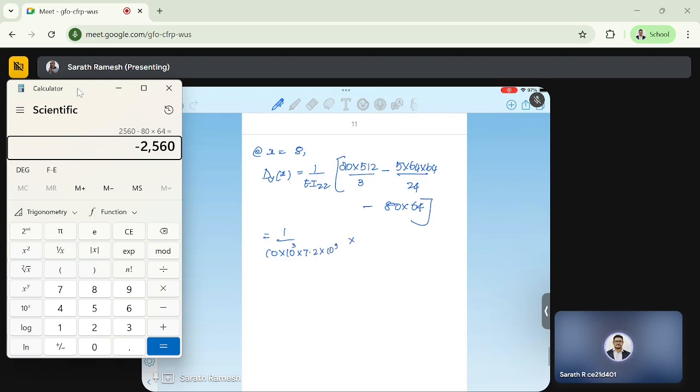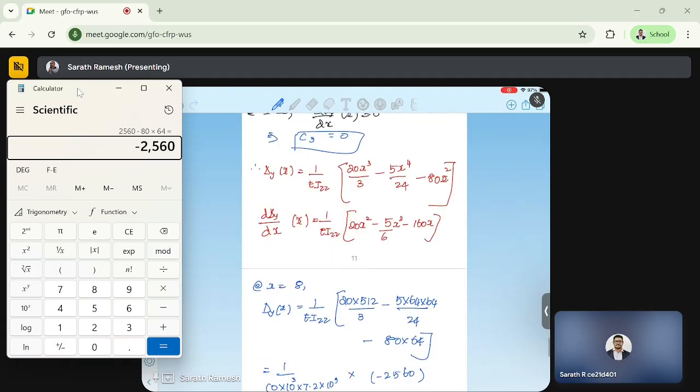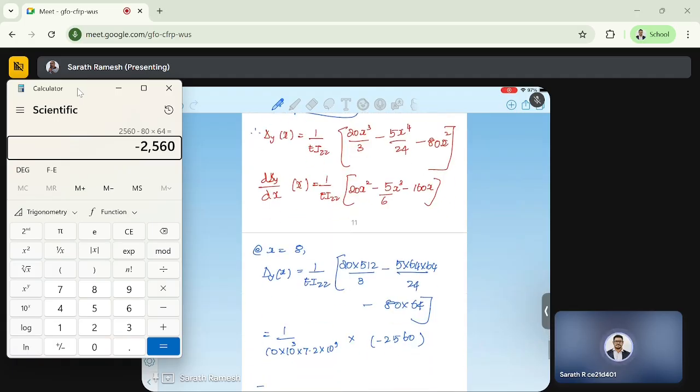With these values, I'm getting minus 2560. By the way, one is in meters, another is in millimeters, so they need to be consistent.